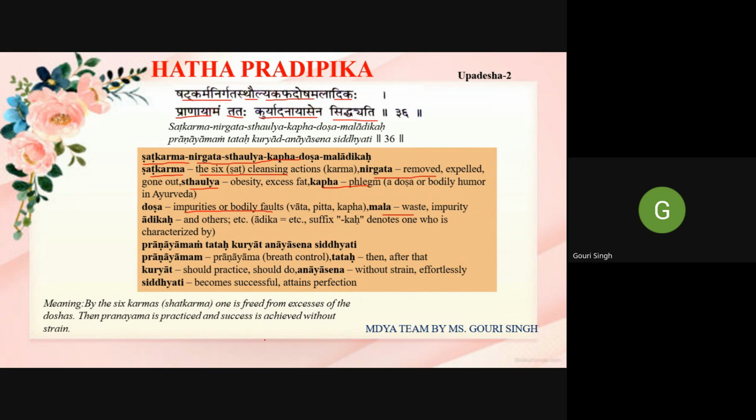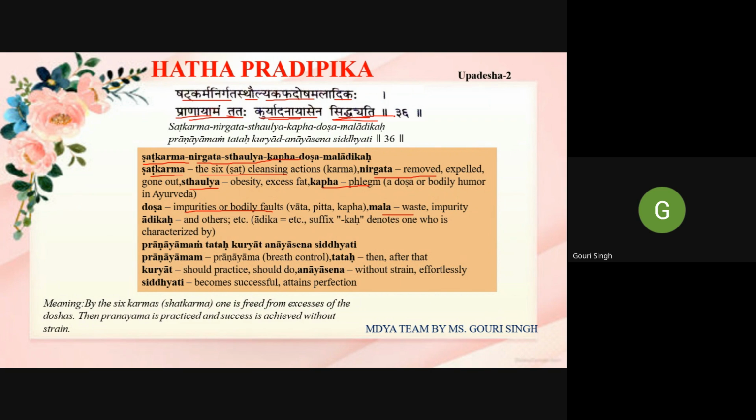Then only that person will do the pranayamam tataha kuryat ayasena siddhayet. After the six karmas, only then will that person try to practice pranayam, and then get siddhi in his practice.